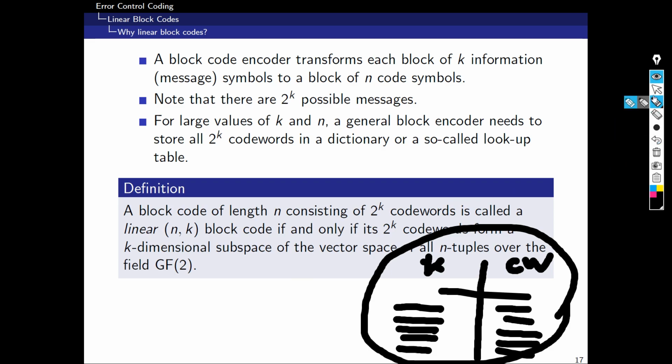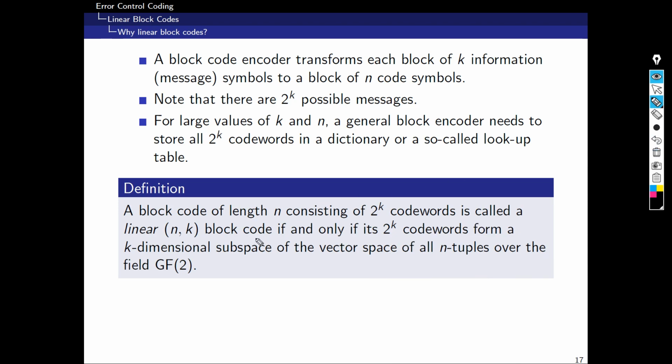So let's define what a block code is. A block code of length n consisting of 2 to the power k code words is called a linear (n,k) block code if and only if its 2 to the power k code words form a k-dimensional subspace of the vector space of the n-tuples over the field GF(2).